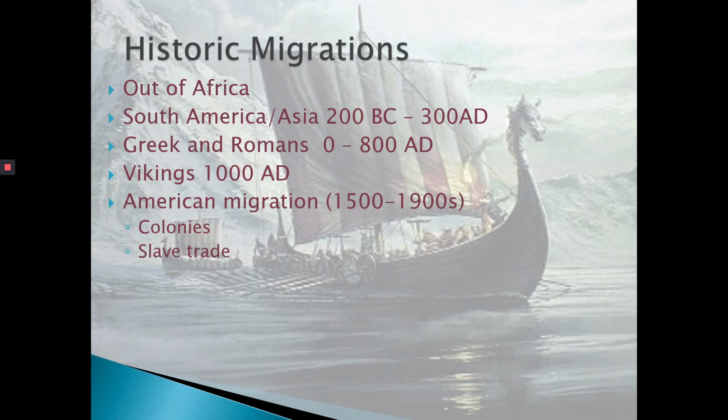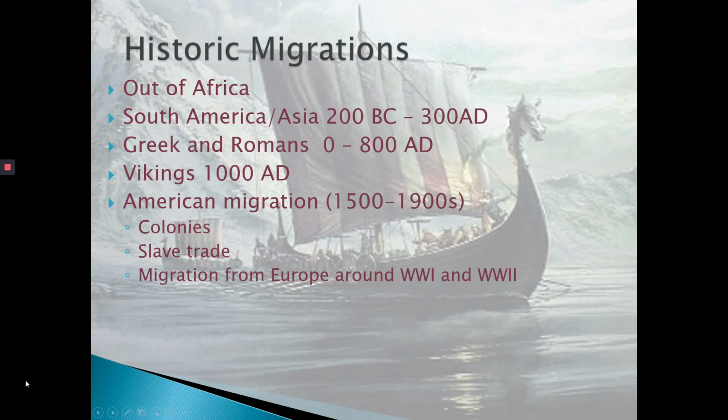Obviously, if you know your history of the United States, after the Civil War, there was a mass migration of individuals from the south to the north, mostly because in the north that's where the jobs were located. Europe also had mass migrations, especially during World War I and World War II.